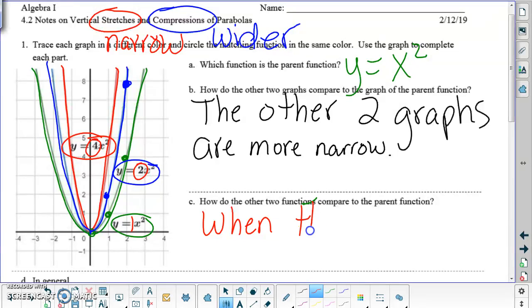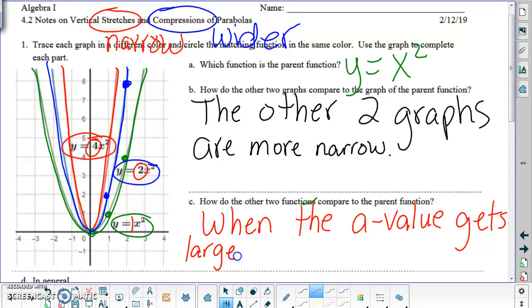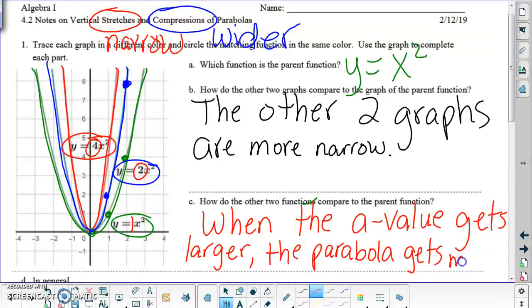When the a value gets larger, the parabola gets more narrow.